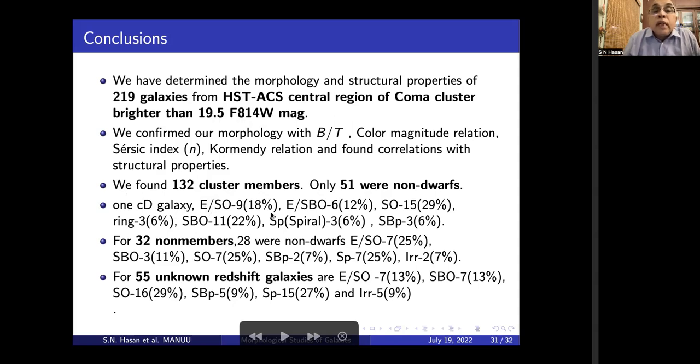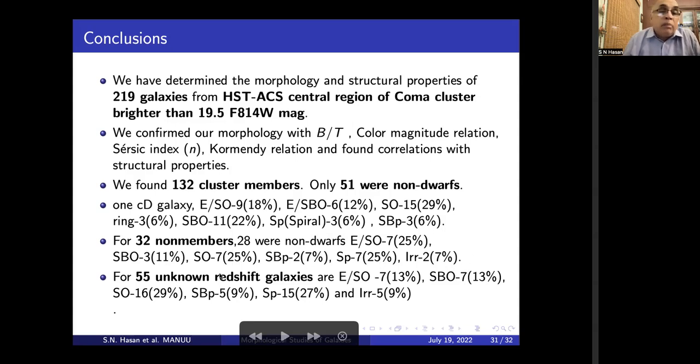Ellipticals, lenticulars are about 18%, ellipticals, SOs are 12%, lenticulars are 29%, rings are 6%, SOs are 22%, spirals are 6%, and barred spirals are also 6% each. For 32 non-members, 28 were non-dwarfs, and again we see ellipticals, SOs are 25%, barred spirals 11%, and lenticulars are 25%, and so on.